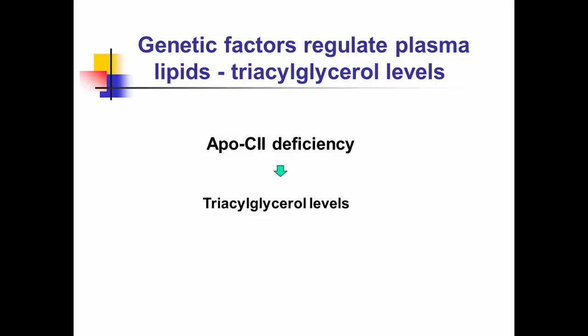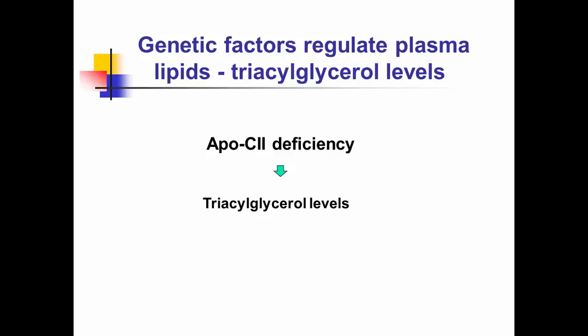So if a person does not have enough ApoC2, their chylomicron or VLDL cannot be normally metabolized. LPL will not have a normal function without enough ApoC2.